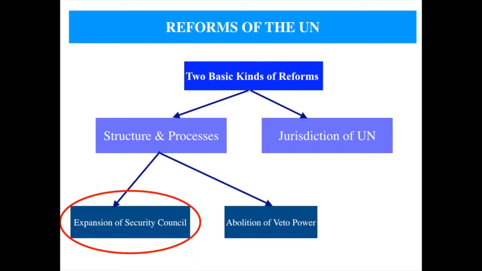Now, although suggestions have been made for reform in the United Nations, the problem is that there is little clarity and consensus on the nature of reform. Anyway, before we move on to the reforms, let's first see the changes that occurred after the Cold War, due to which the suggestions and resolutions on the reforms were made.